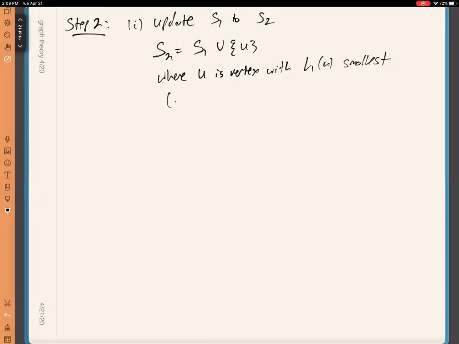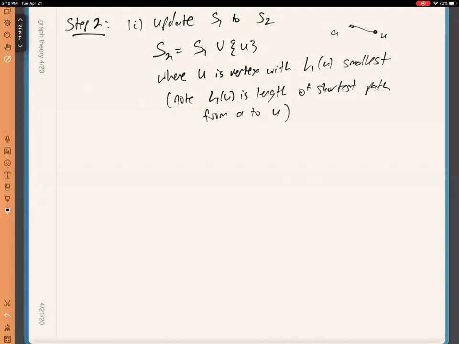One thing that's worth pointing out is that this label is the length of the shortest path from A to U. Again, when I say length, I really mean weighted length. This is just by construction, because if U has finite label, that means U is connected to A by just one edge, and so the length of the shortest path is just the weight of that edge, right?